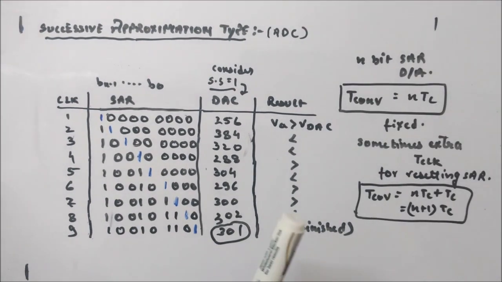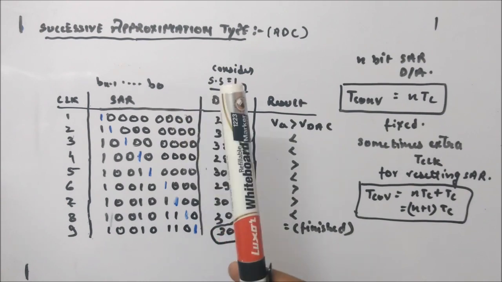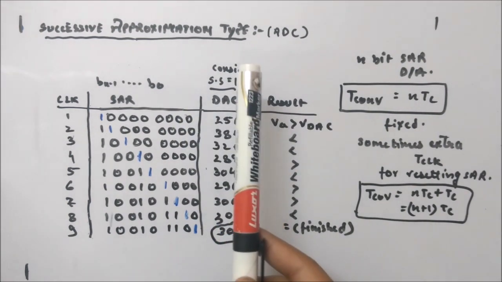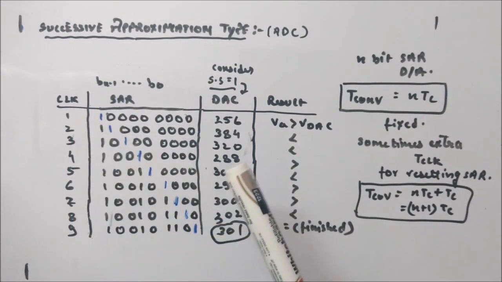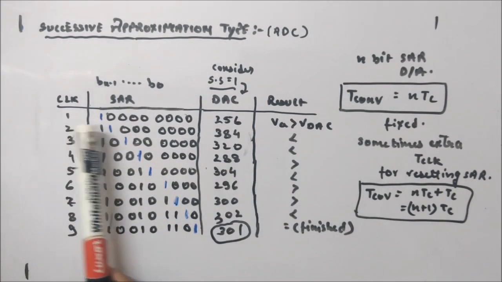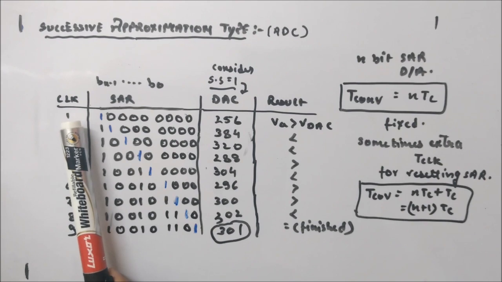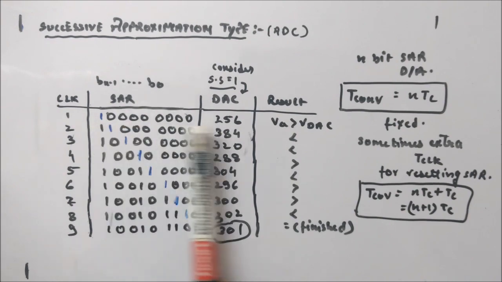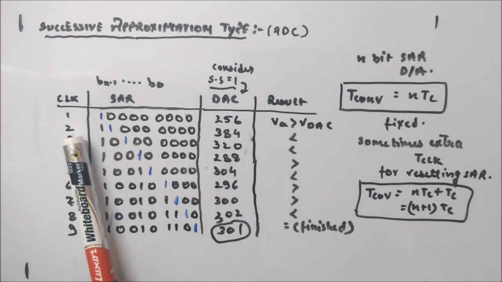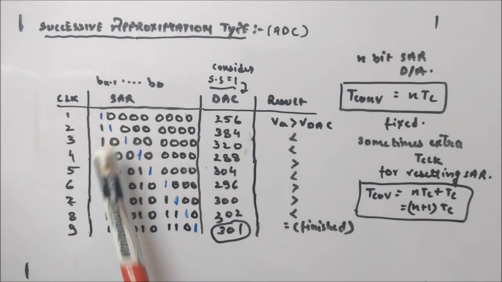Okay, now I want to mention the conversion time of the successive approximation A to D converter. So you saw the process. Now each step will happen in one clock. So in the first clock, one came here and you checked. By the time the next clock came, you set the next bit.